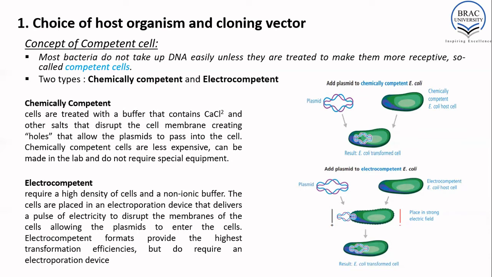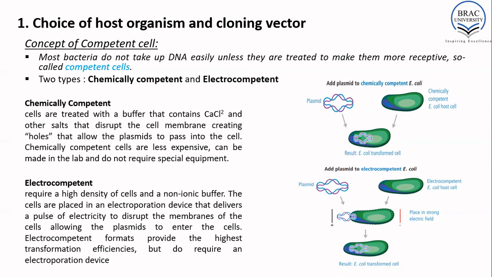However, bacteria just don't take up the DNA or the vector unless the bacteria are treated to make them ready to take it up. This kind of treated bacteria are called competent cells. Competent cells can be made in two ways, chemically or electrically.